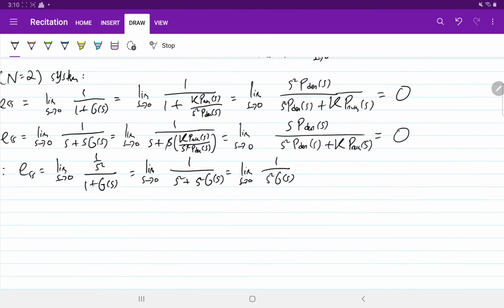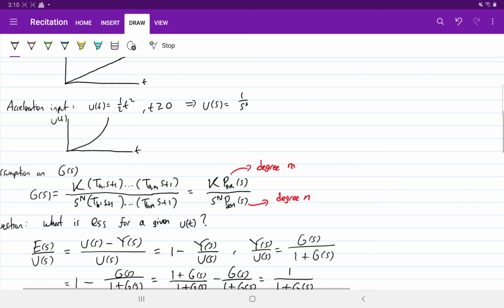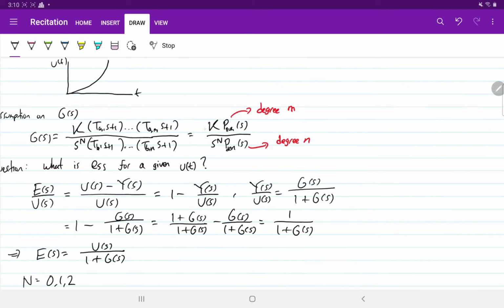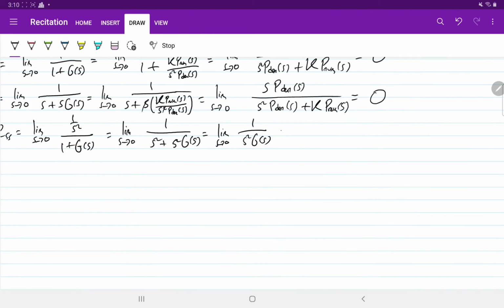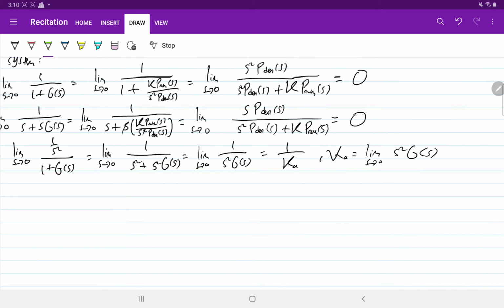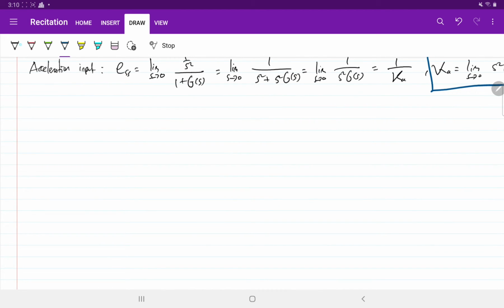So this is not 0, right? Because it's type 2, and in type 2 we have s squared over here, so s squared over s squared cancel, and so I can define this as Ka, where Ka is limit s to 0 s squared times g of s. Okay, so in conclusion, we have this table, so let's construct the table.